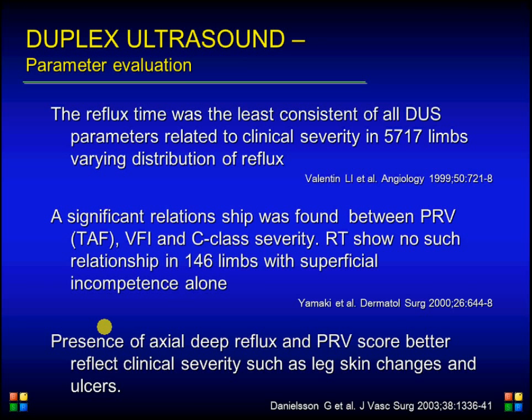And these are papers that all show that other factors than the duration of reflux are important, such as peak reflux volume flow, peak reflux velocity, the fact that you have an axial reflux that involves both the femoral vein and the popliteal vein is more important than if you have a segmental reflux.